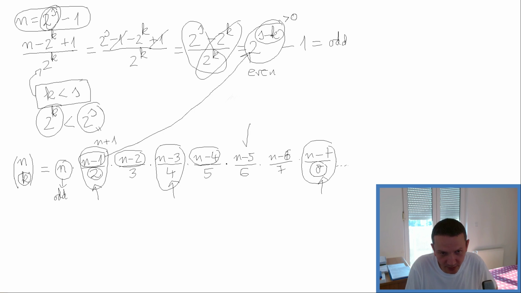So this one is interesting, for example, because this one is even. So why, for example, is n minus 5 over 6 odd?